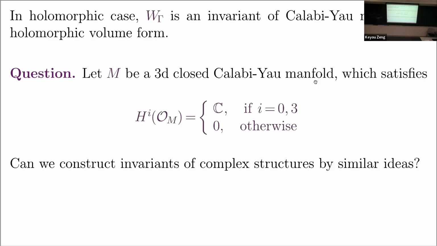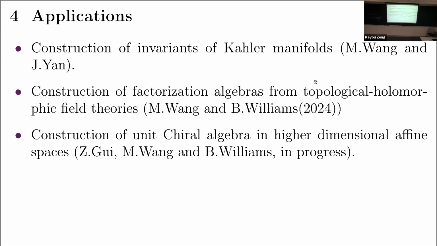And the Feynman graph integral of Kodaira-Spencer gravity should give us complex structure invariants, which should be the mirror invariants of Gromov-Witten invariants. So it should be true, but we don't know the answer for now.